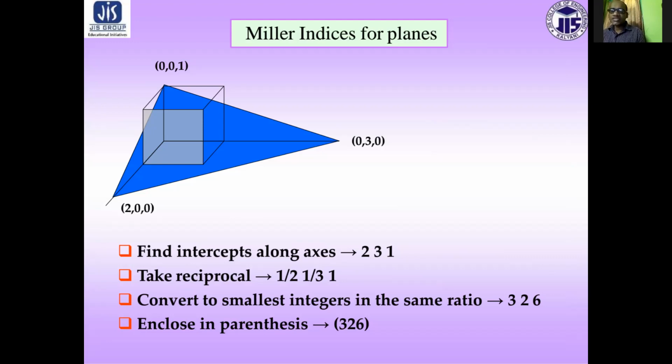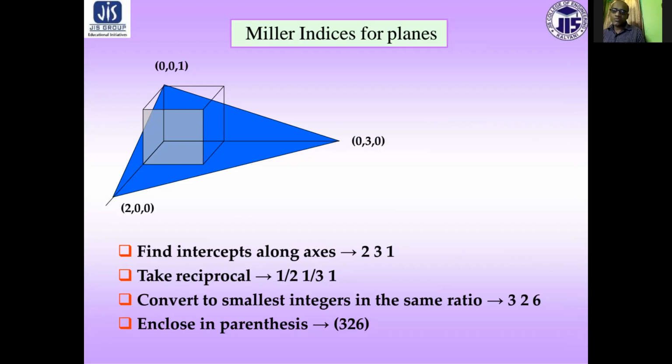Along the y-axis, the coordinate point will be 0, 3, 0. And along the z-axis, it will be 0, 0, 1. So first of all, find the intercepts along the axes. That will be 2, 3, 1.